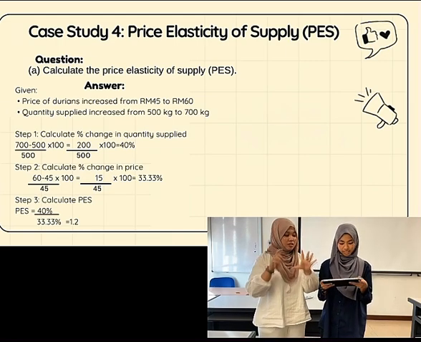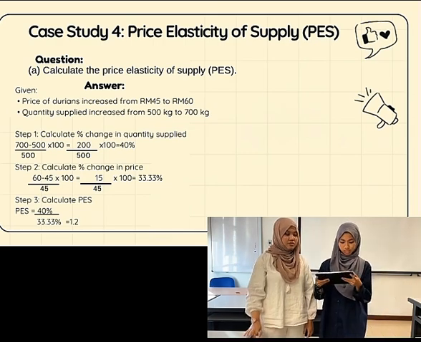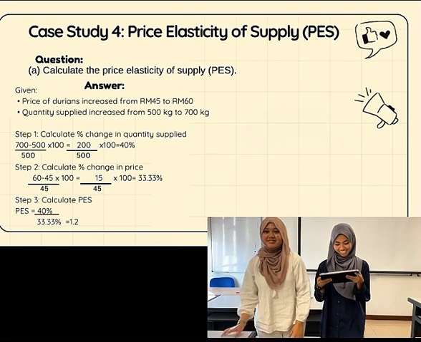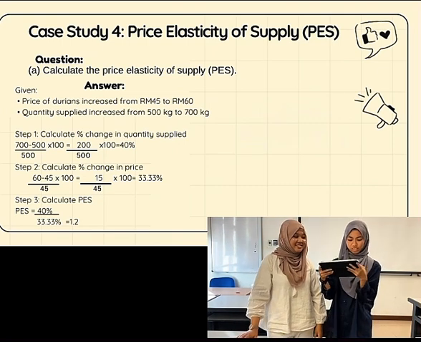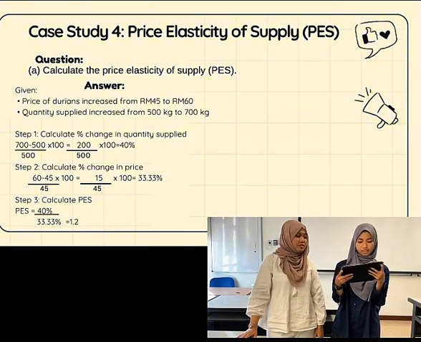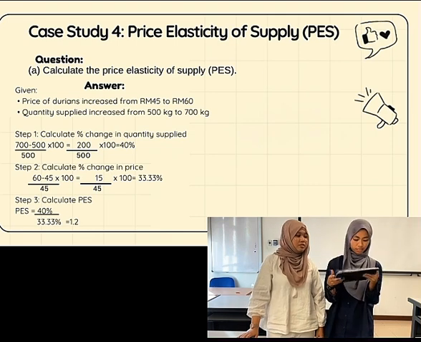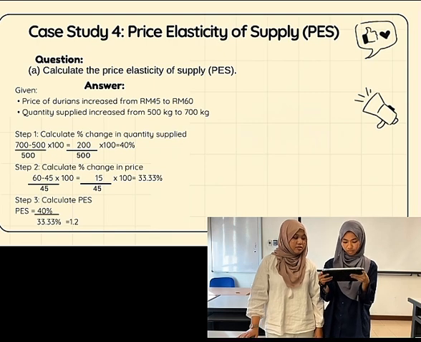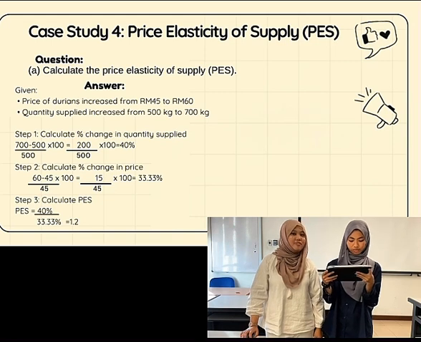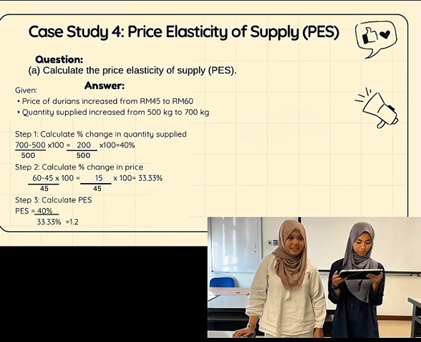kilograms to 700 kilograms. So we got 3 steps. Step 1 is calculate percent change in quantity supplied, which is 700 minus 500 divided by 500 and times 100. We've got 40%, and step 2 is calculate percent change in price, 60 minus 45 divided by 45 times 100, and we've got 33.33%.